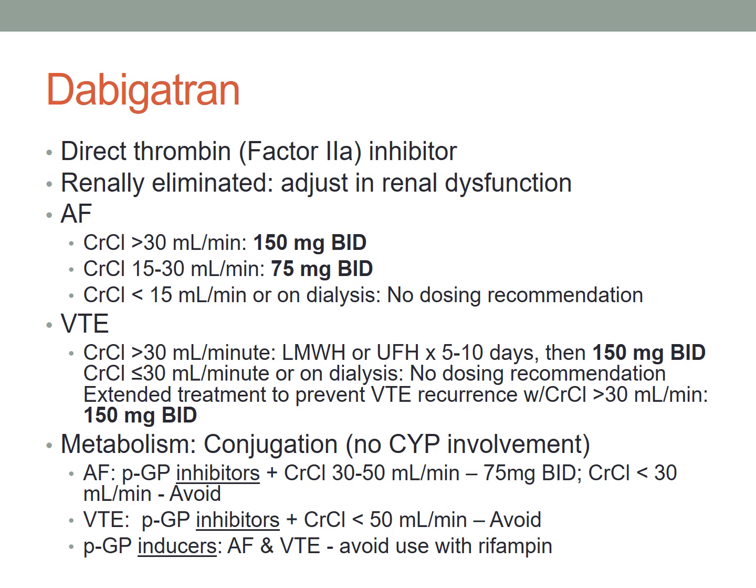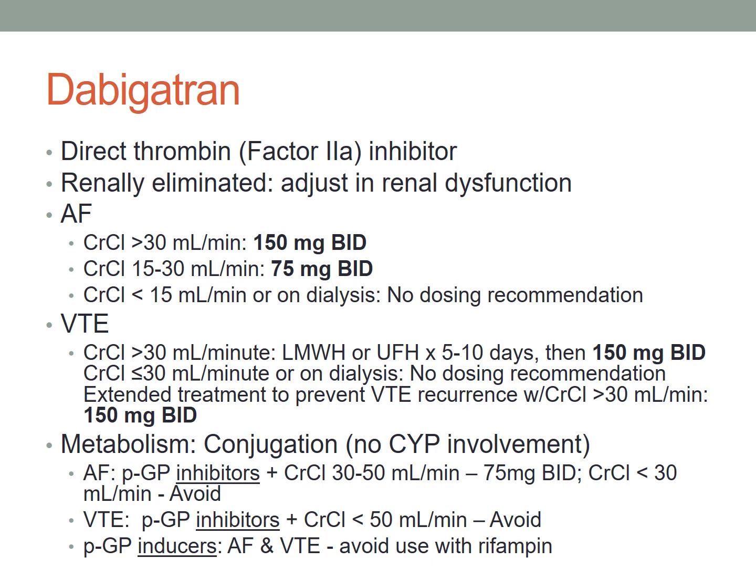So I just want to talk about drug-drug interactions with dabigatran, and we should discuss P-glycoprotein, which is indicated on the slide as PGP. P-glycoprotein is an efflux transporter, which in the gut pumps drugs back into the lumen and decreases their absorption.